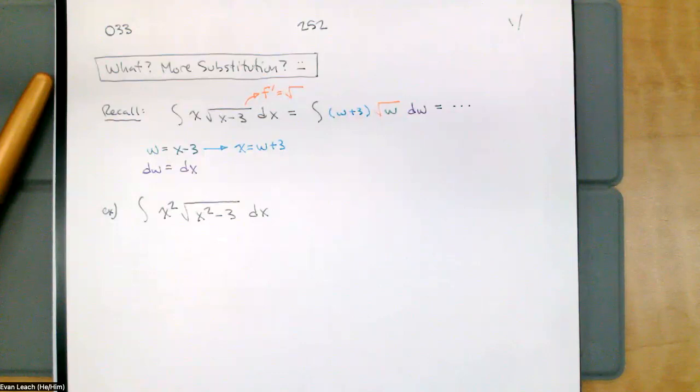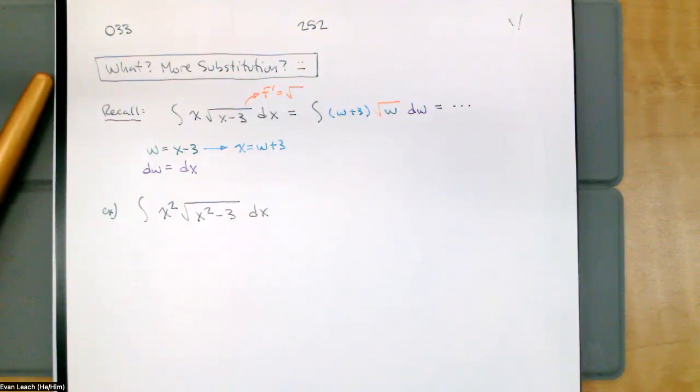The last couple of problems from yesterday showed us one of the things that we can do with this substitution business. In the first example, integral of x square root of x minus 3, we made the substitution w equals x minus 3. That not only allowed us to rewrite the square root of x minus 3 as the square root of w, but we were also able to deal with the x out in front.